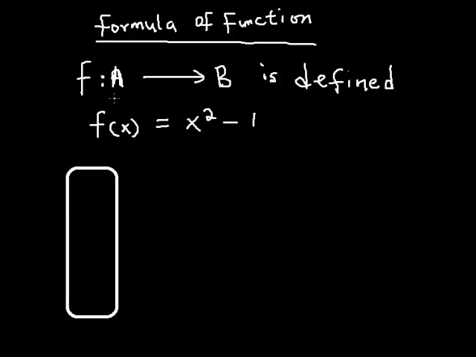Now, the set A is the variable that is independent, so I can choose any arbitrary real numbers: 1, 2, 3, 4, then 5.